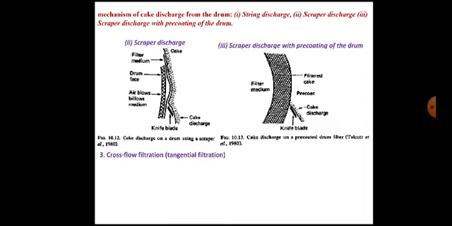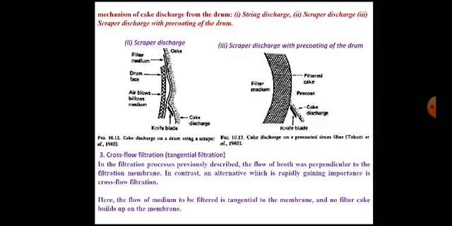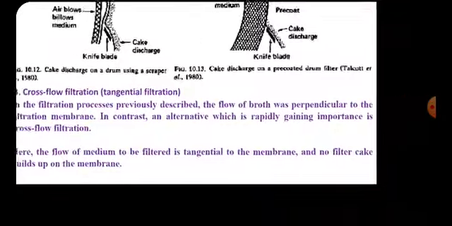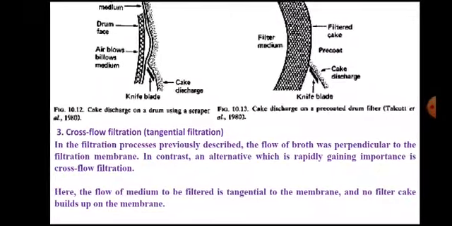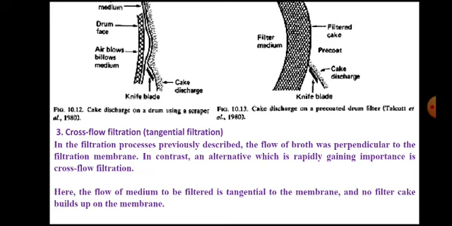Then another filtration method is called cross flow filtration, or tangential filtration, which is responsible for improving the rate of filtration. Let us see how. In the filtration processes we have seen earlier, the flow of the broth was perpendicular to the filtration membrane. In contrast to that, an alternative which is rapidly gaining importance in several industries is cross flow filtration.